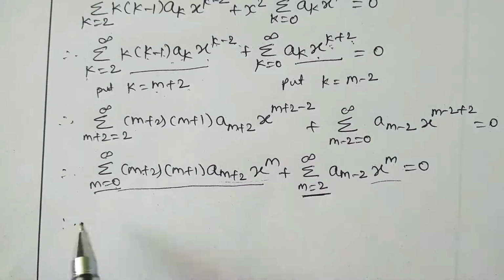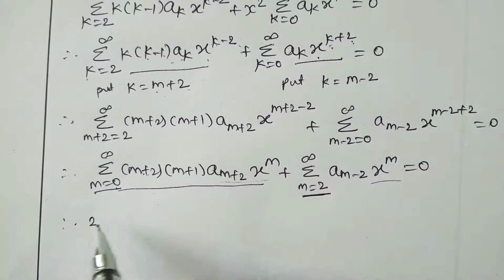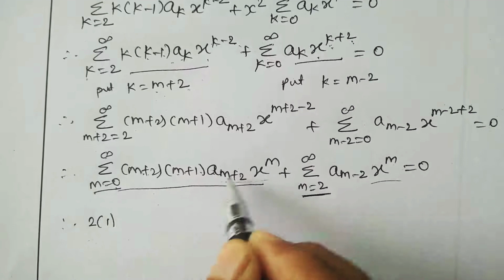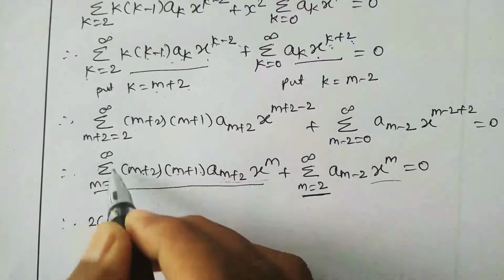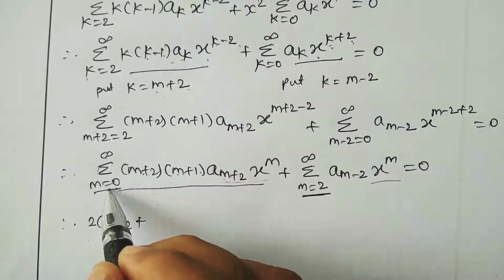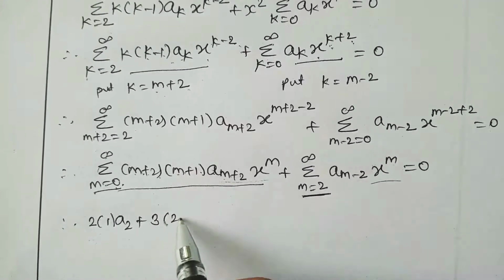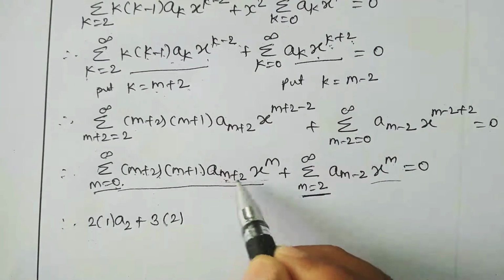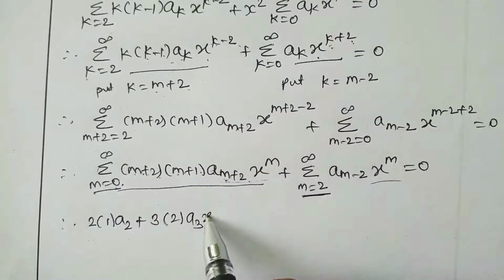So what you will get, see, when you put m equals 0, you will get 0 plus 2, that is 2, into 0 plus 1, it is 1, into a_(0+2) which is a_2, plus because of the summation plus sign. Now put m equals 1, so 1 plus 2 is 3, into 1 plus 1 is 2, and here a_(1+2) is a_3, so you get 3, and here the value of m is 1, so you will get x to the 1.